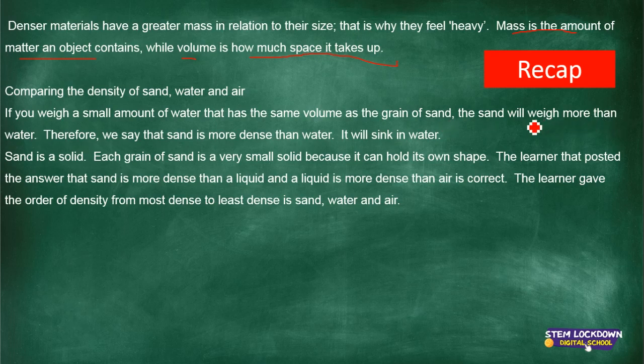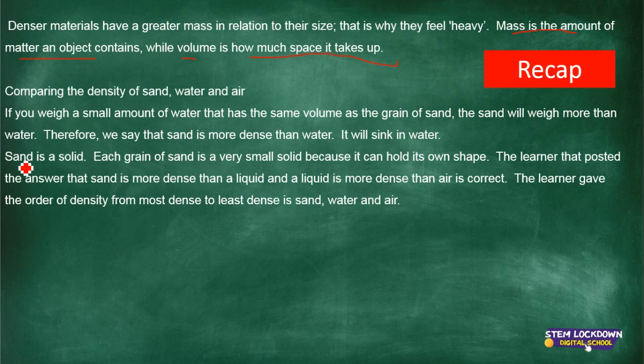So if you take the same amount of sand and the same amount of water and weigh it, you want to know which one is more dense. We say the sand is more dense and the sand will sink into the water.